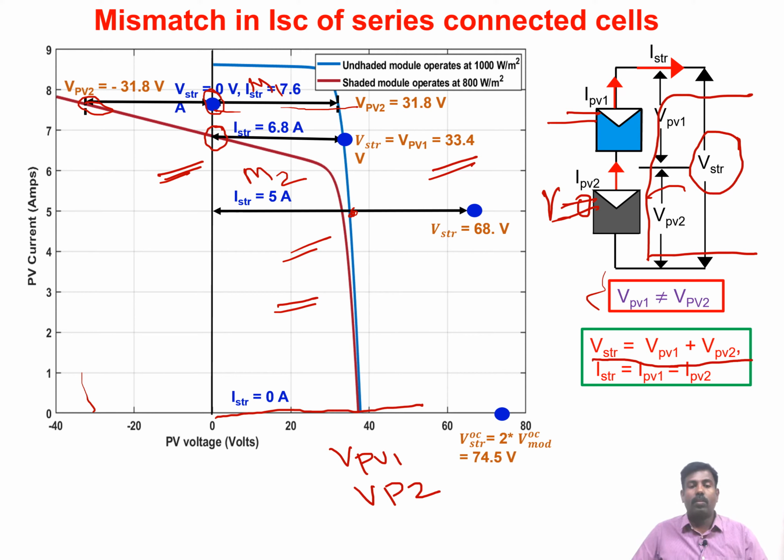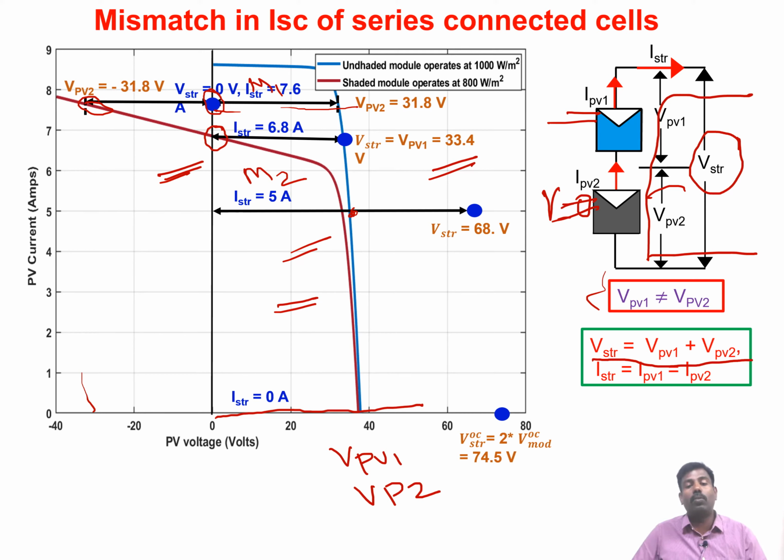So what does it mean that the voltage across is negative? The current is positive and the voltage is negative. So what about the power? The power was negative in the shaded module. As the power was negative, instead of the PV module acting as a generator, it is acting as a load.